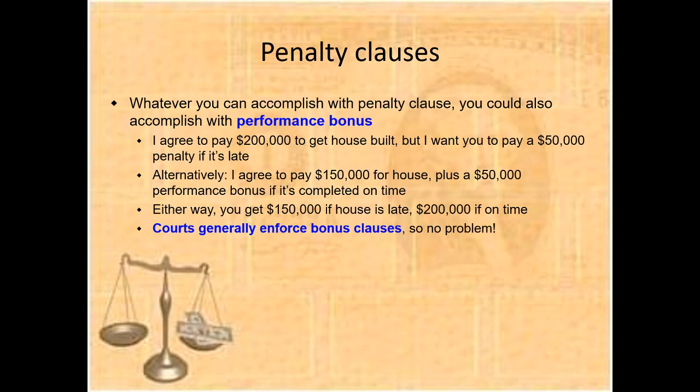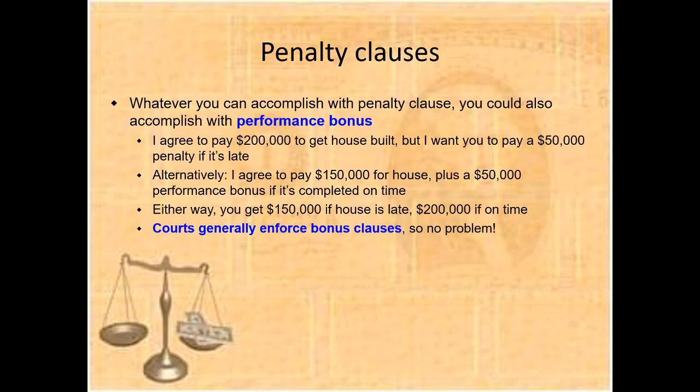Whatever you can accomplish with a penalty clause, you could also accomplish with a performance bonus. So I agree to pay you 2 lakhs to get the house built, but I want you to pay a 50,000 penalty if it is late. Alternatively, I agree to pay 1.5 lakhs for the house plus a 50,000 performance bonus if it is completed on time.